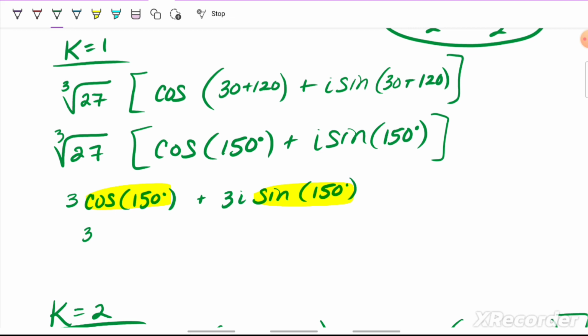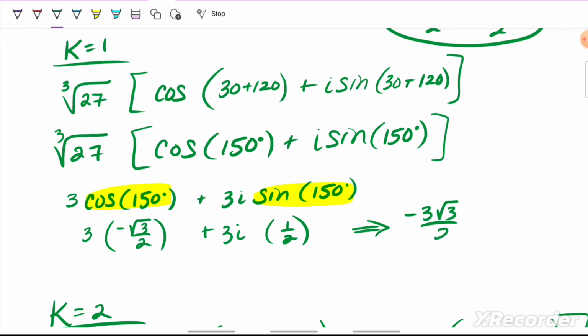This will be 3 times cosine of 150 degrees. That's negative square root of 3 over 2. Sine of 150, that's a half. Our second cube root is going to be negative 3 square root of 3 over 2 plus 3i over 2.